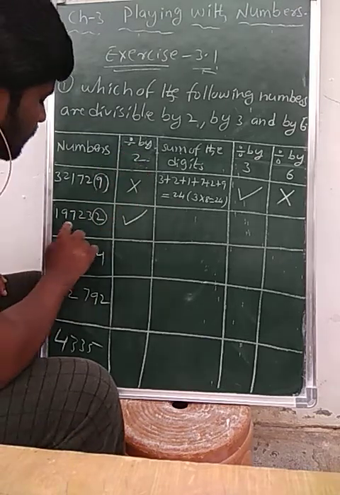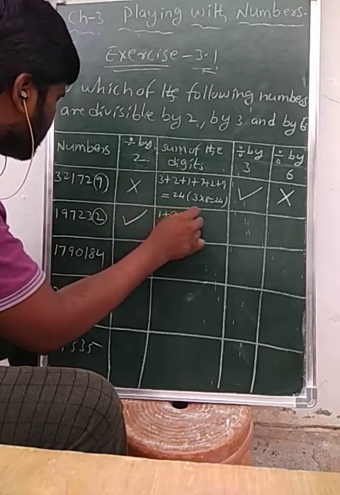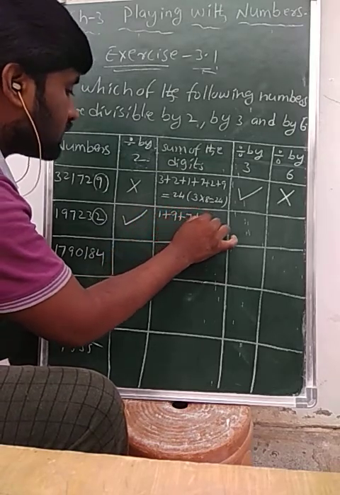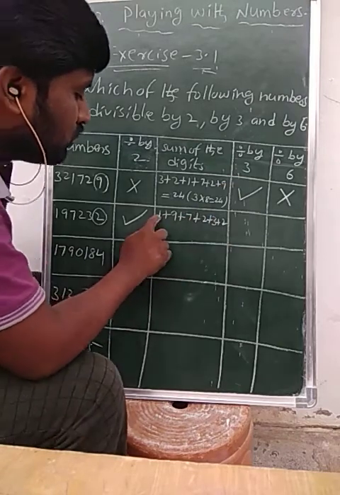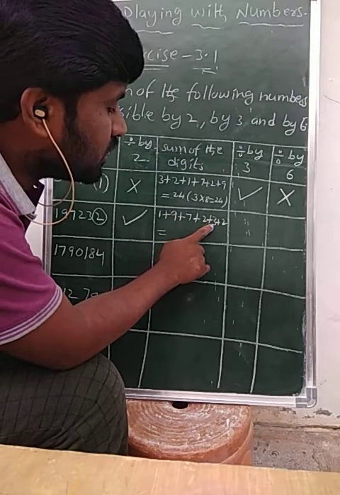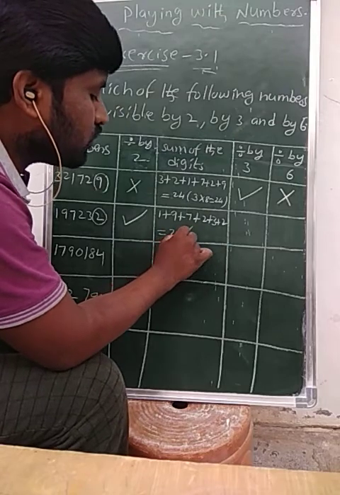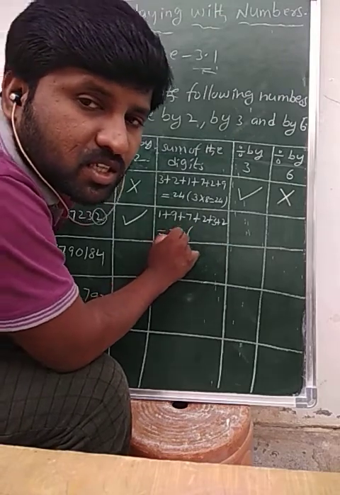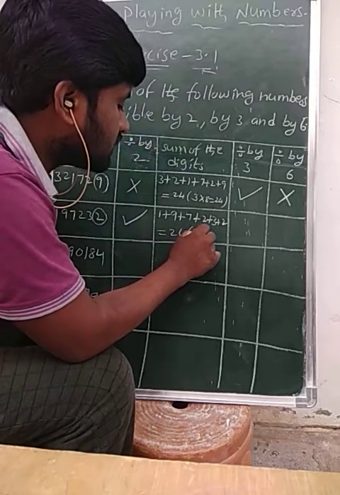Then check the sum of the digits, that is 1 plus 9 plus 7 plus 2 plus 3 plus 2. 1 plus 9 is 10, 10 plus 7 is 17, 17 plus 2 is 19, 19 plus 3 is 22, 22 plus 2 is 24. 24 means the sum of the digits of the number is divisible by 3. 3 eights are 24.